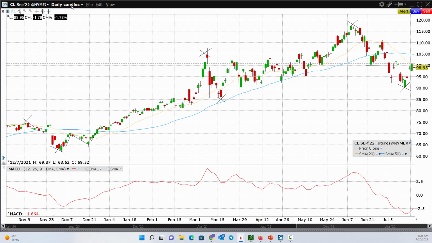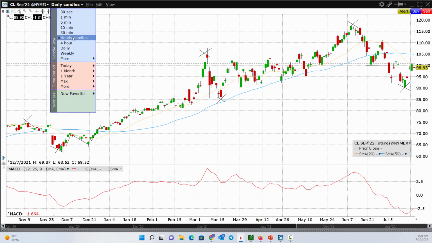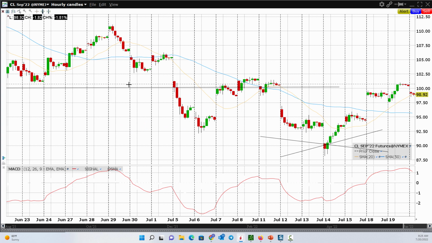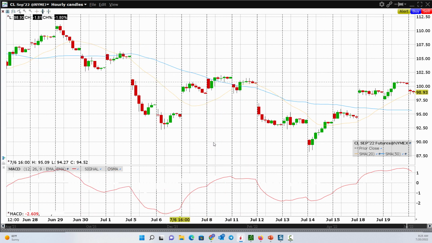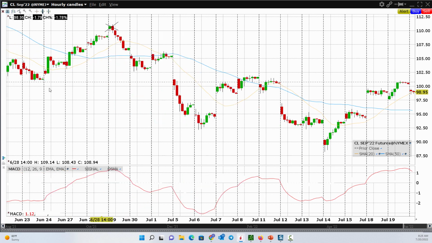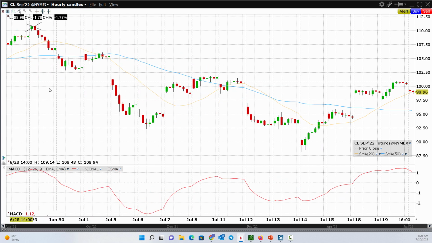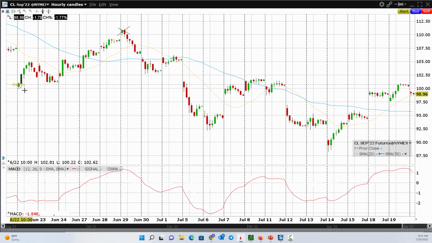Let's think about this on a different time scale. If we come into an hourly chart, okay, let's remove all these lines. And on an hourly chart, of course, you're just looking at short term. But this might be helpful for someone that says, okay, on the hourly charts, we're in a downtrend quite clearly. If we were to scan out a little bit further even, you could look at this and say, lower lows, lower highs, lower lows, lower highs.